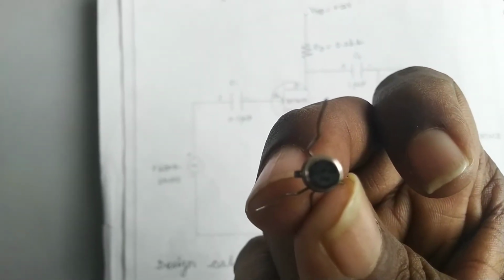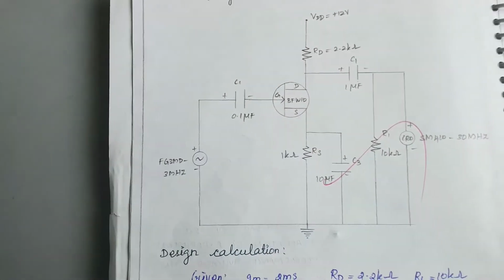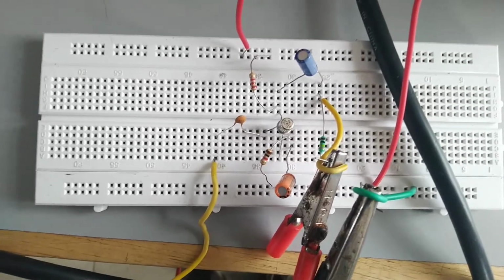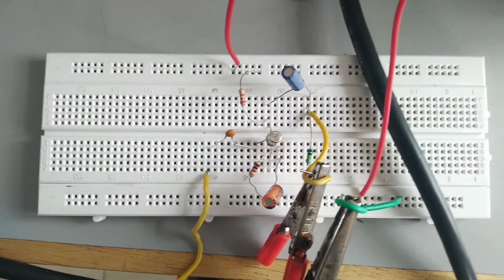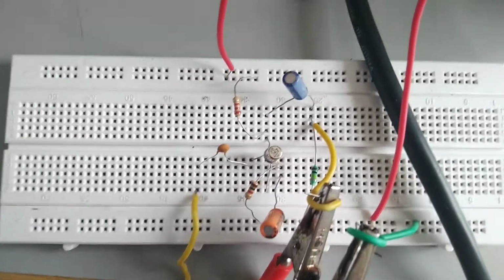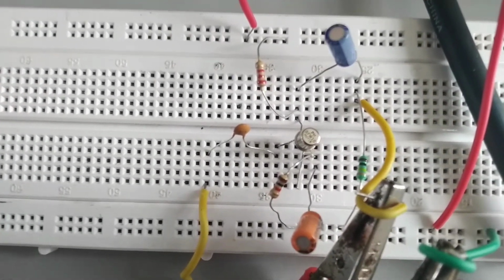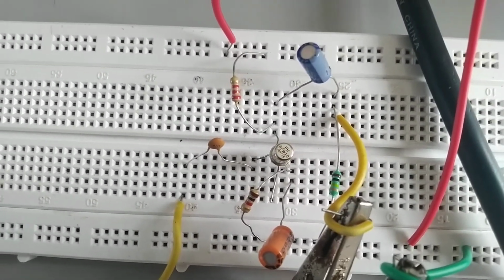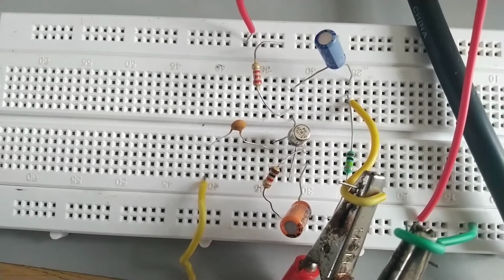This is the actual circuit for the common source amplifier frequency response for the junction field effect transistor, the BFW10. Just now I am showing the BFW10, the JFET with common source configuration.